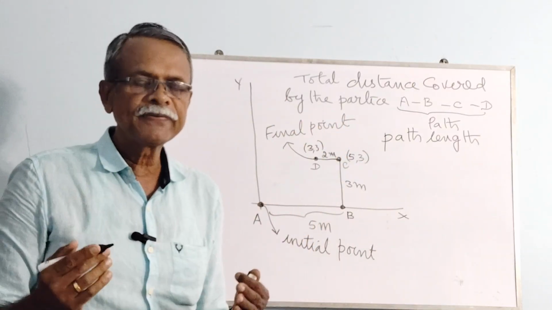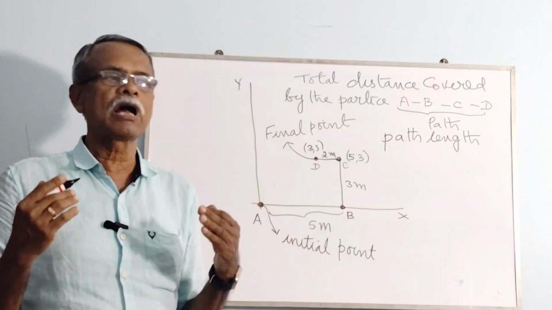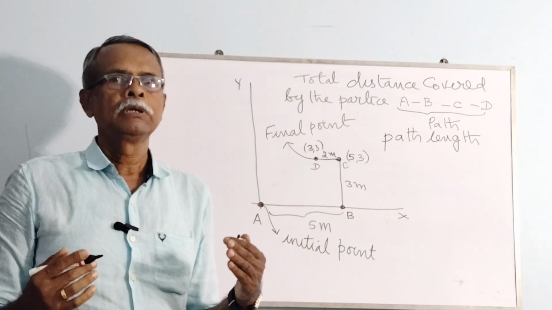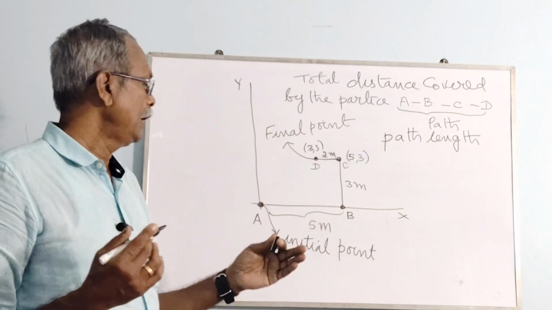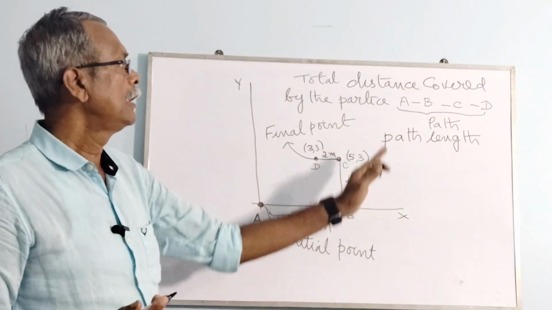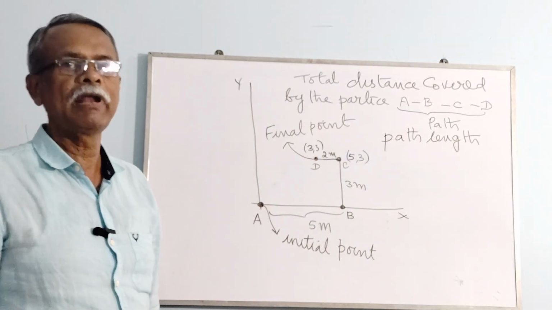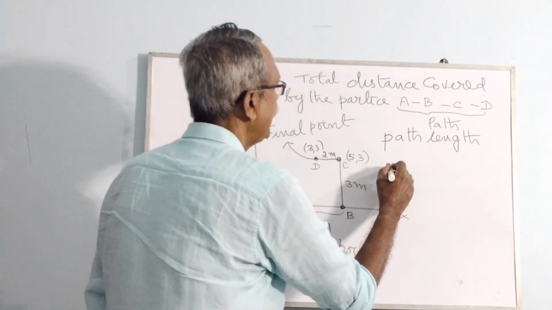The distance the particle has actually travelled between the initial point and final point is called path length or distance travelled. It is a number.